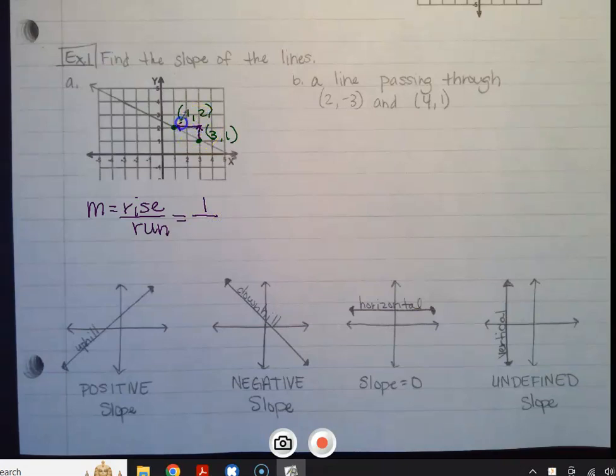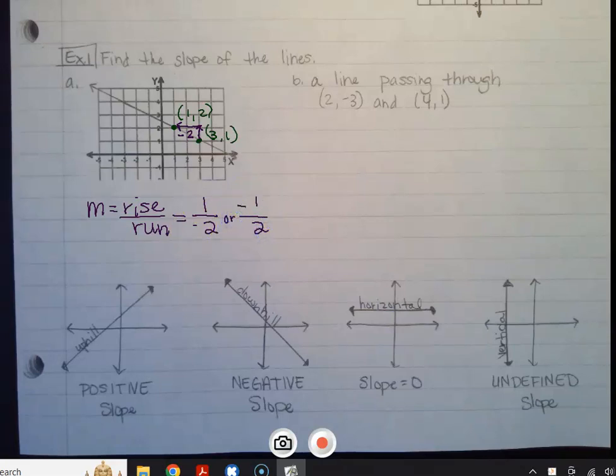And did I run left or right? Left. So that's going to be a negative. Okay, so it's negative 1/2. The other thing with this is it can be negative 1 over a positive 2 as well.